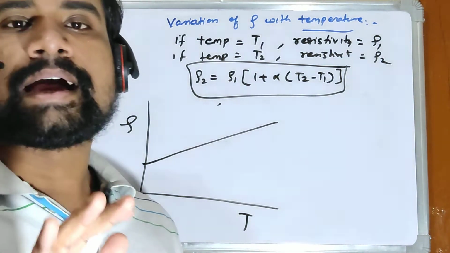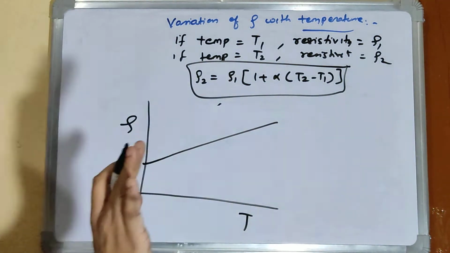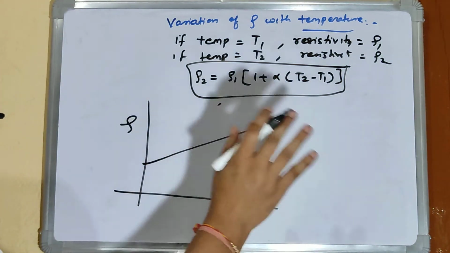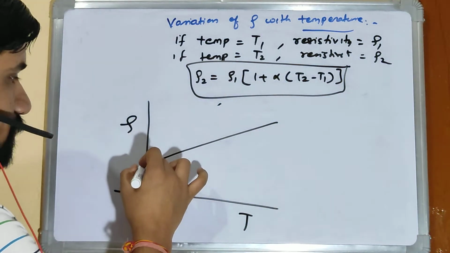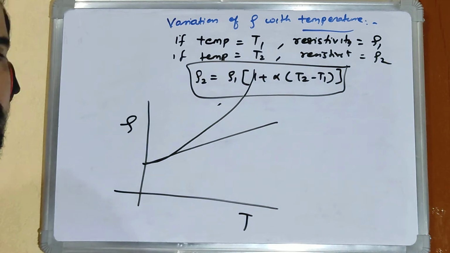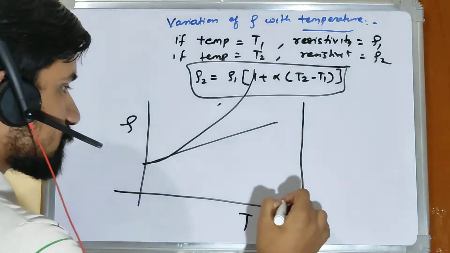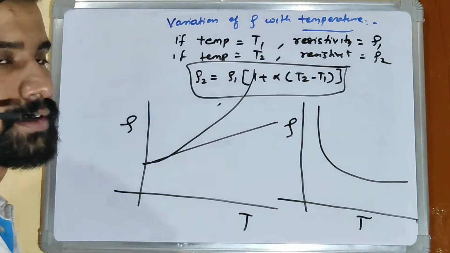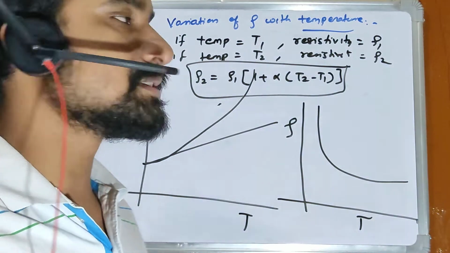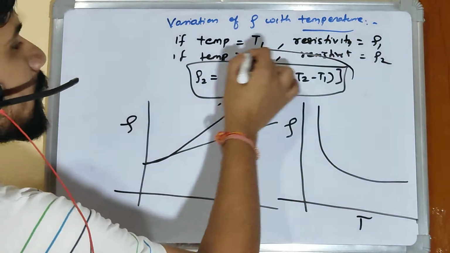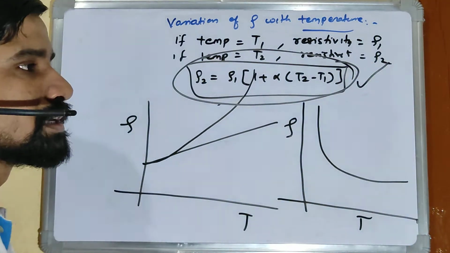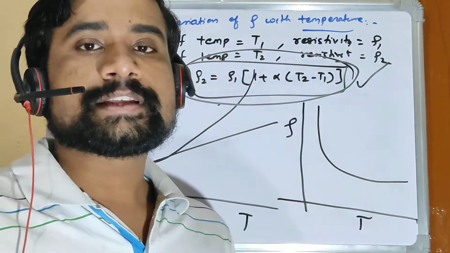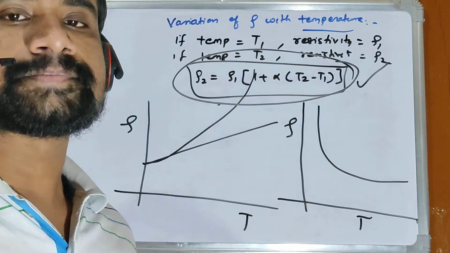This is kind of an ideal scenario, but they will always increase. For some very good conductors, they may even increase like this, right? But for semiconductors, it will have a decreasing nature. Rho versus T will have a decreasing nature, and this is an approximate equation to give the relation between resistivity and temperature, right?